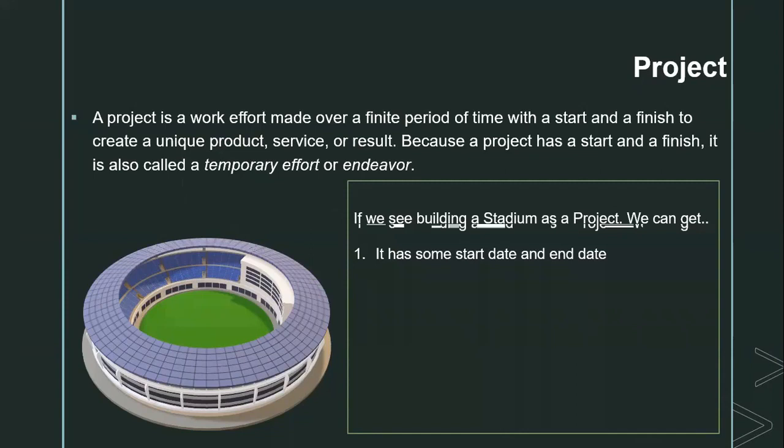And the day when they stopped constructing the stadium and say the stadium is now complete and ready to use, that day will be called the end point, or the finishing date, or the project ending date, right?